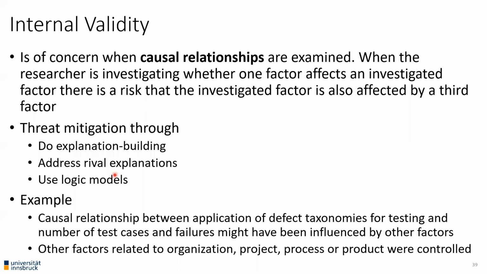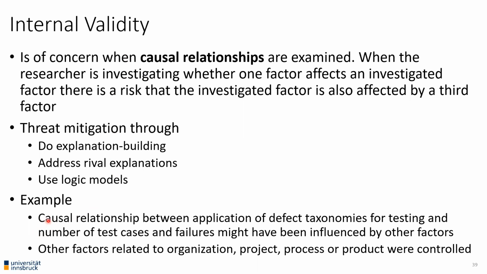Internal validity is a concern when you investigate causal relationships. When you want to investigate whether factors influence other factors, then there may be threats to internal validity in your analysis.